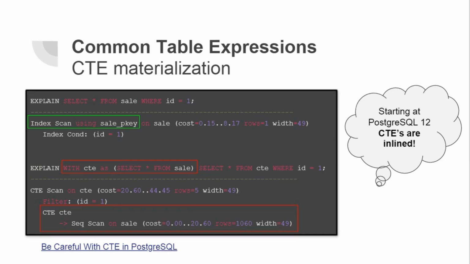Because if you see here, for example, in the bottom example, I create a CTE with the entire result of the sale table, and then I use that to find the sale with ID 1. In Postgres 11, this will essentially duplicate the entire sale table, and this will take a long time to execute. If you are on a new version, PostgreSQL 12, then you have nothing to worry about. It's fine. Okay?